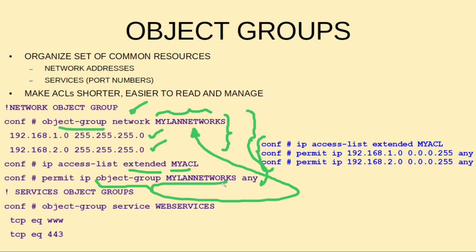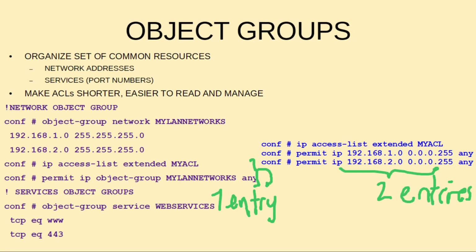Notice that this rule actually has an effect on these 2 prefixes. Notice that for the ACL that is using object groups, we are achieving the same result using only 1 entry, whereas with the ACL that is not using object groups, we require 2 entries. That is why we say that with object groups, our ACLs become shorter.